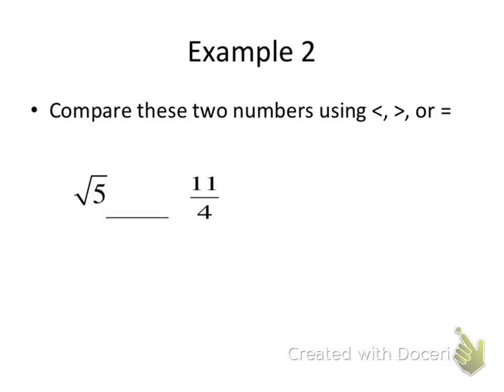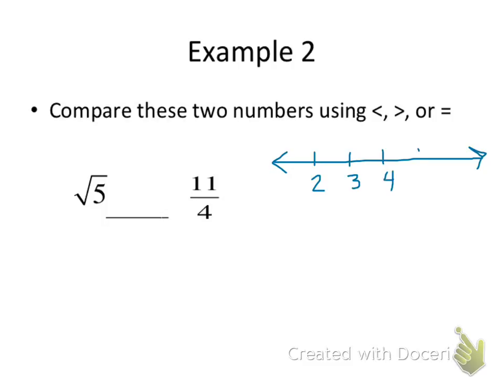So let's compare these two numbers. In looking at these two numbers, one thing we can do is draw out a number line, and just a portion of the number line is needed.